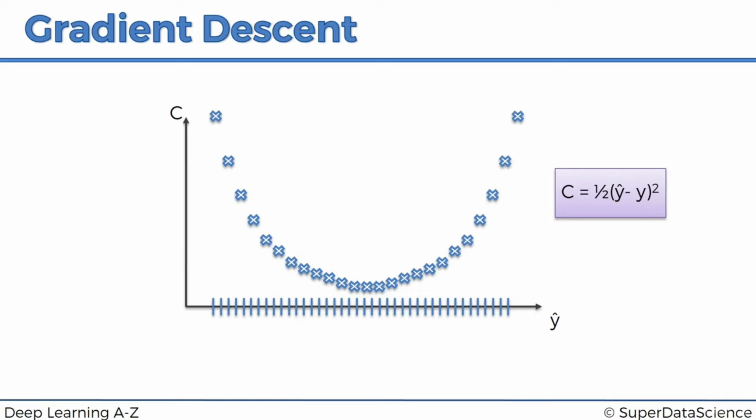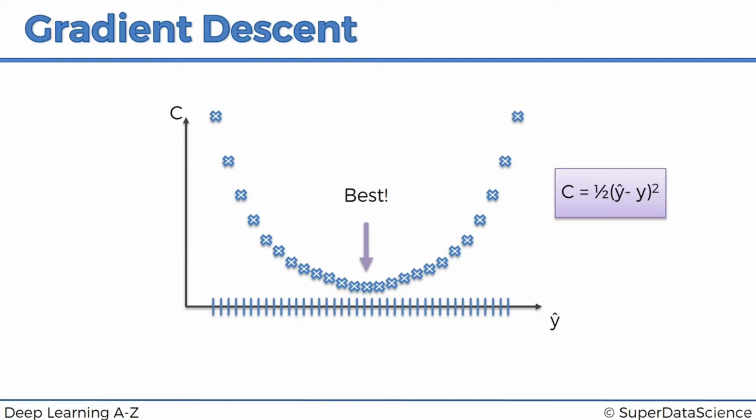On the vertical axis you have the cost function, on the horizontal axis you have y hat, and because the formula is y hat minus y squared, the cost function looks something like that. And basically you'd find the best one is over here.